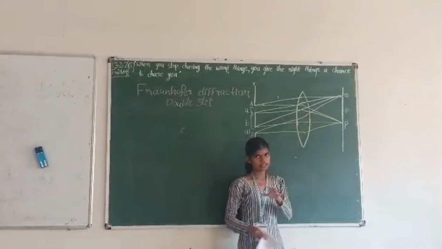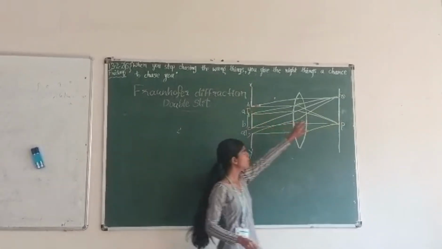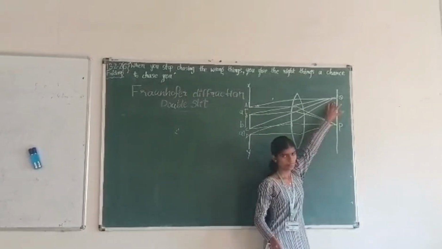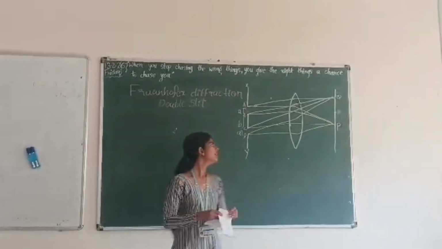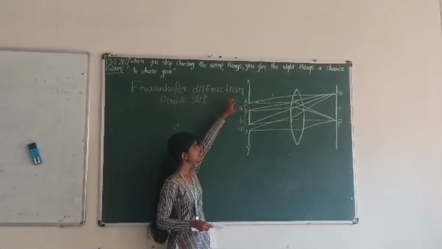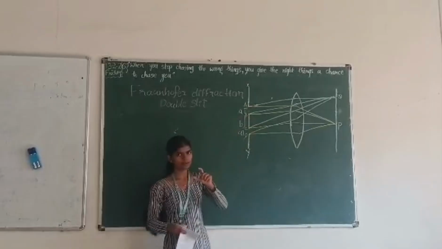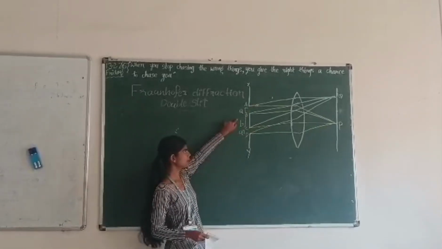And the wavefronts which are diffracted at an angle theta will focus at Q. The width of the slit is represented as A, and the opaque portion is B.